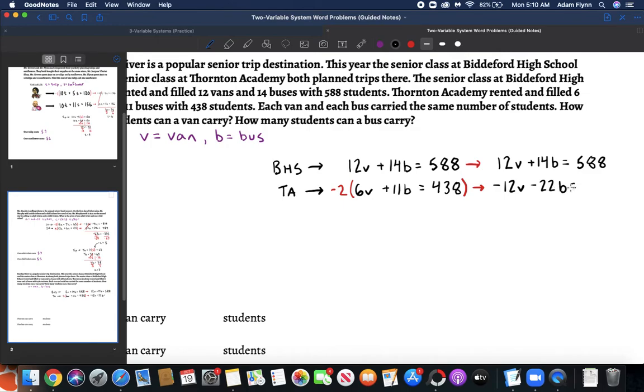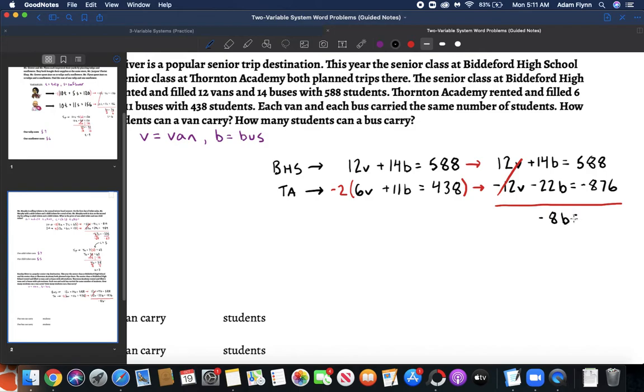And positive 438 times negative 2 is going to be negative 876. Okay, so now I can begin the elimination process. So 12v minus 12v, that will eliminate. 14b minus 22b is going to be negative 8b.